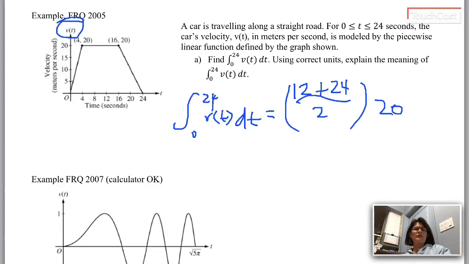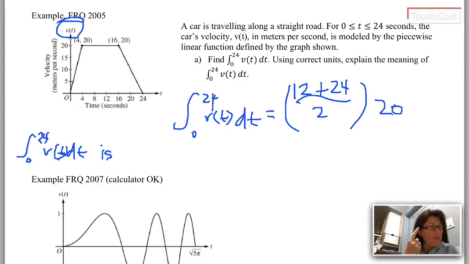And then this next part, using correct units, explain the meaning of that integral. So I'm going to write this out in words. They are looking for four things when you write this answer. So I'm going to write the integral from 0 to 24 of v of t dt is, or represents, is.